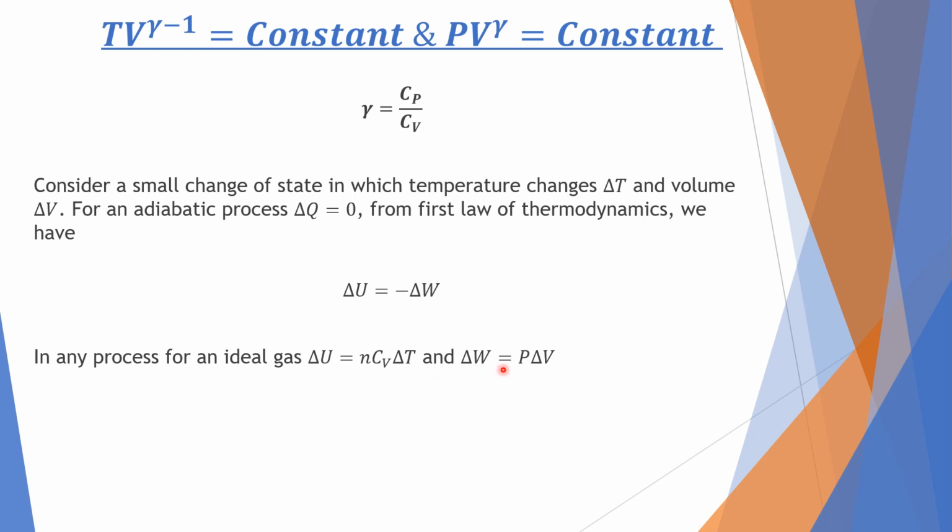And delta W is P delta V. So we can say that nCv delta T is equal to minus P delta V, or in this expression, according to the general gas law, P is equal to nRT upon V.